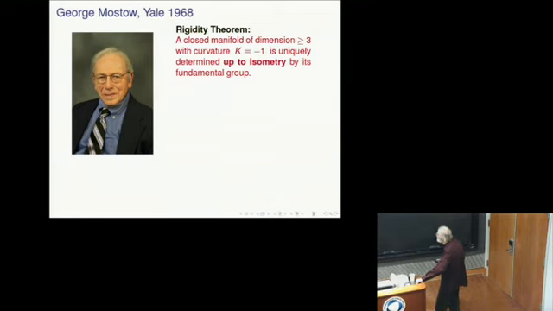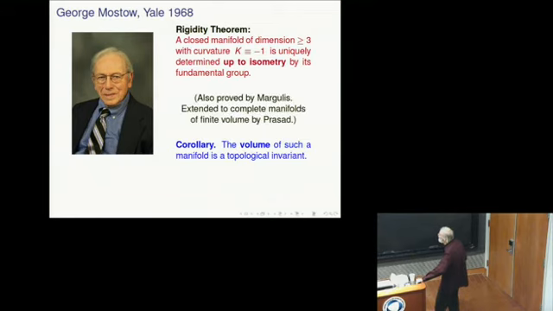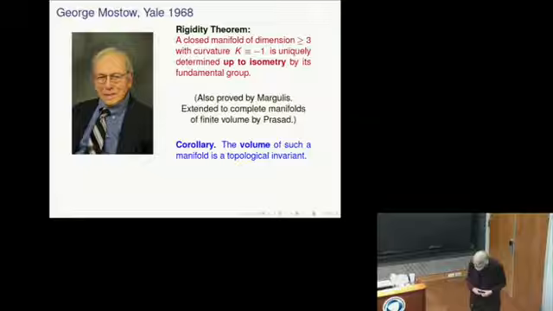But it has a marvelous application because the corollary is that we get a topological invariance whenever we can put such a metric of constant negative curvature on a manifold. So if you just start with a manifold which has a negative curvature, then its fundamental group determines everything.